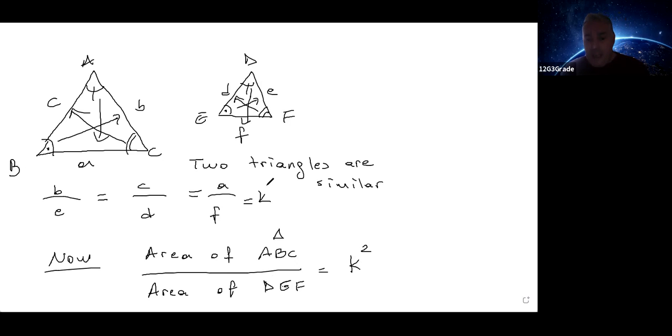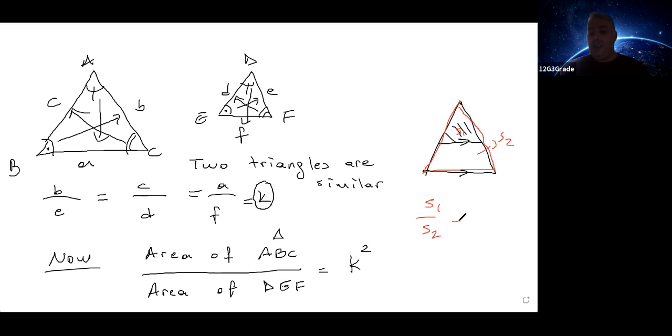What is K here? Okay, same thing. When they are parallel to each other, let me say this is the first triangle, and this is the second triangle. If I call this S1, and for the biggest area S2, S1 over S2 is K squared. Is it okay?